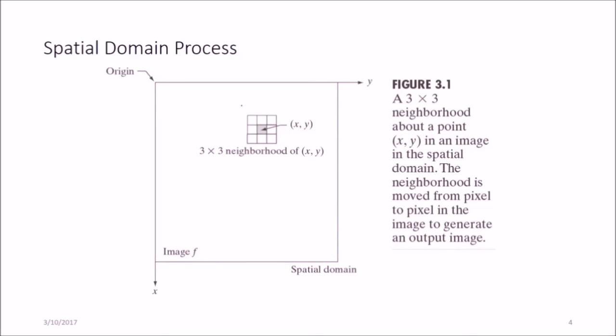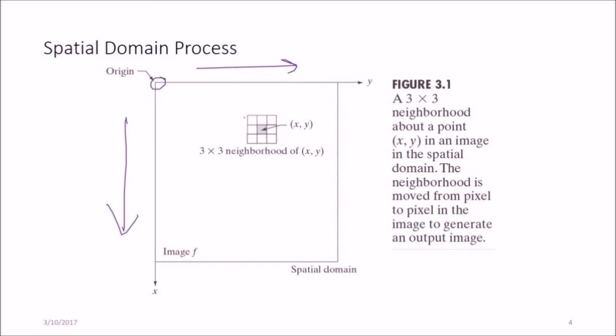Let us take an example also. This is a spatial domain process. The origin is always taken as the left upper corner, x in the down direction, y in the right direction. So this is how normally we process the image. This is a portion of image.